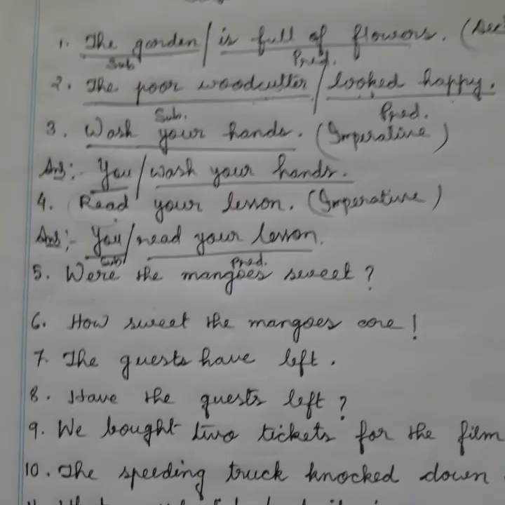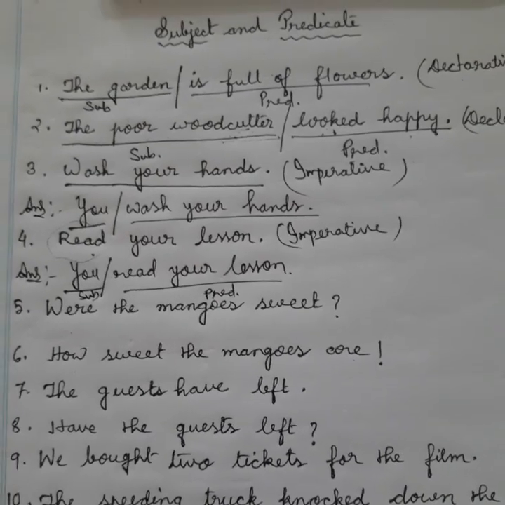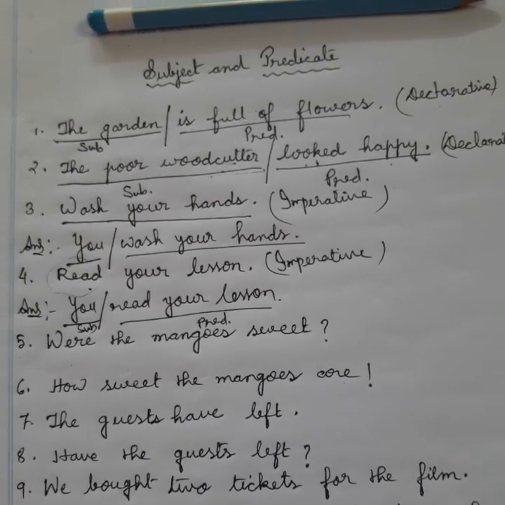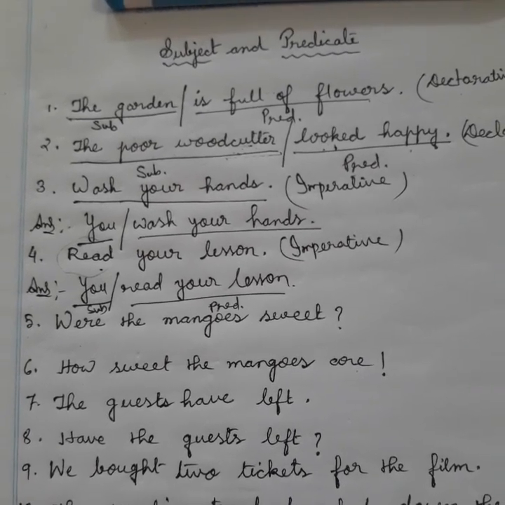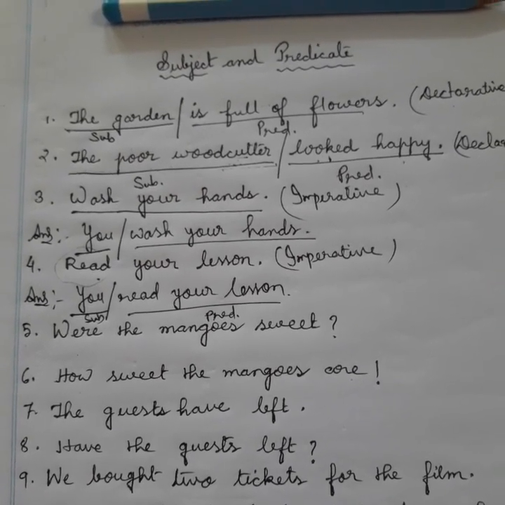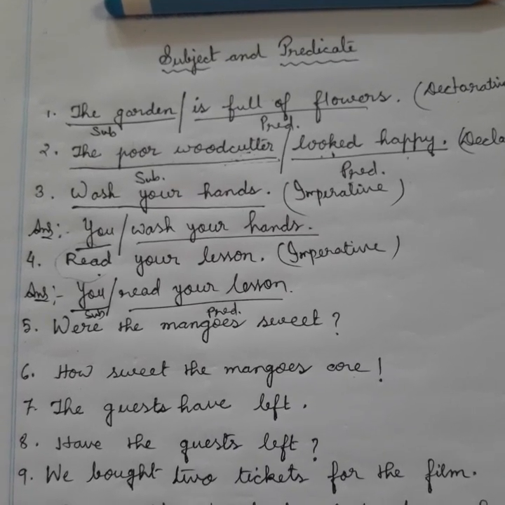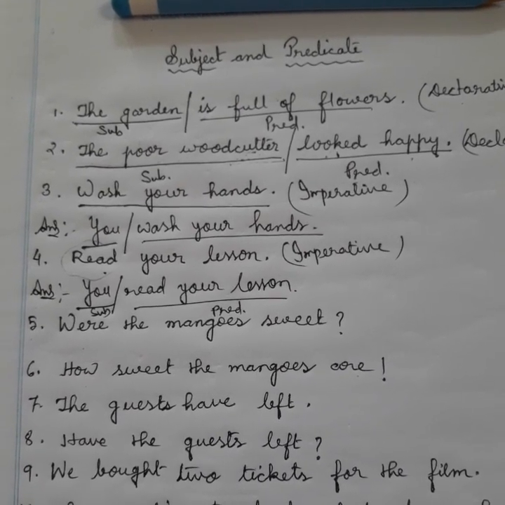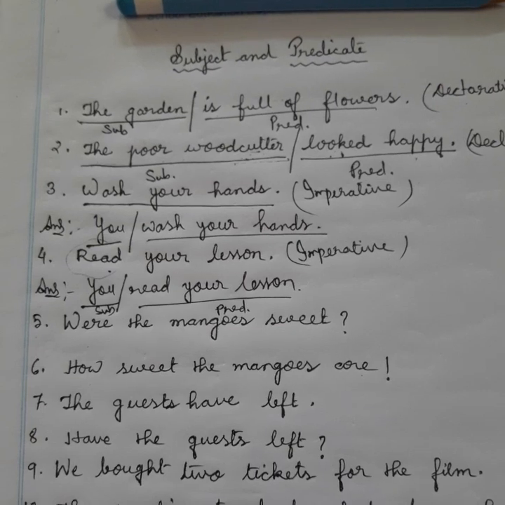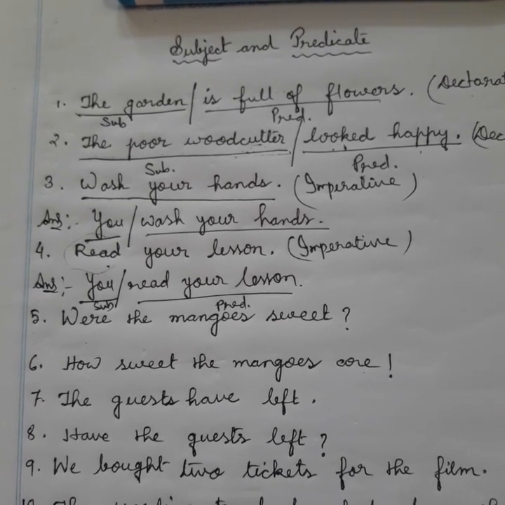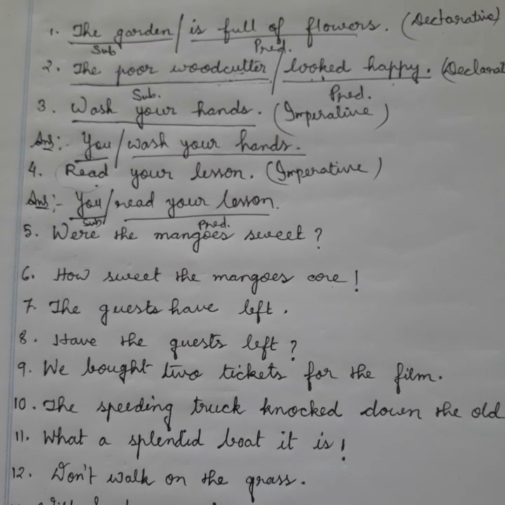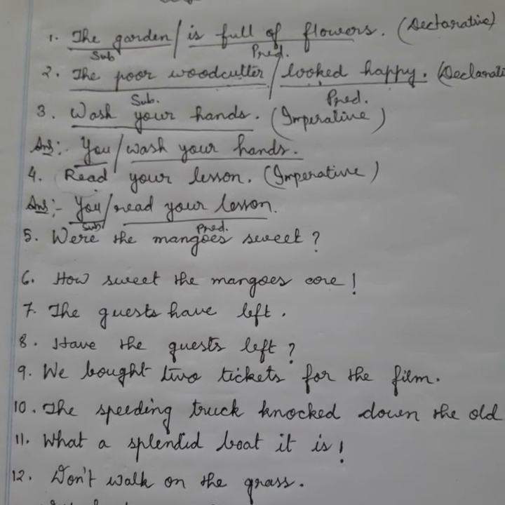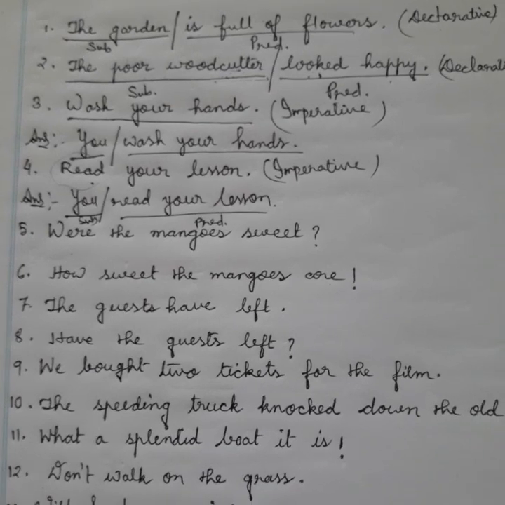Not only in imperative sentences, but also in exclamatory and interrogative sentences, the subject does not come before the verb. In declarative or assertive sentences, the subject will come before the verb, but in the rest of the sentences the subject does not come before the verb.